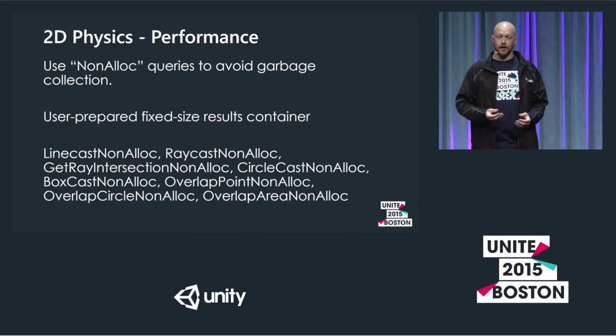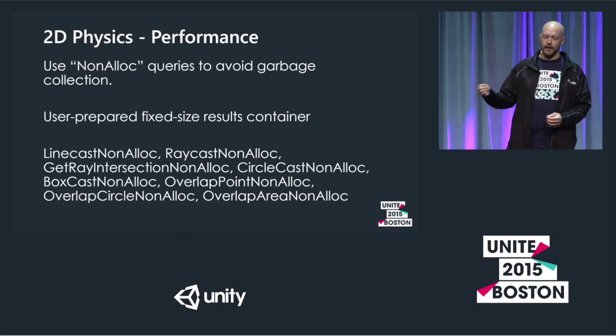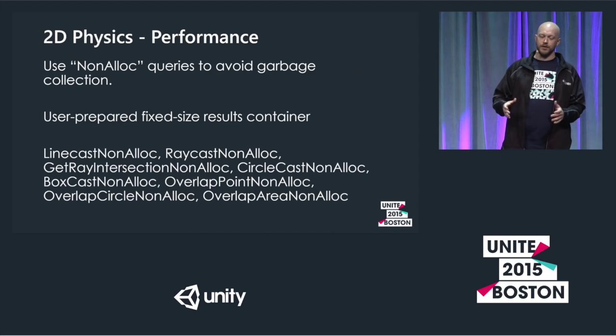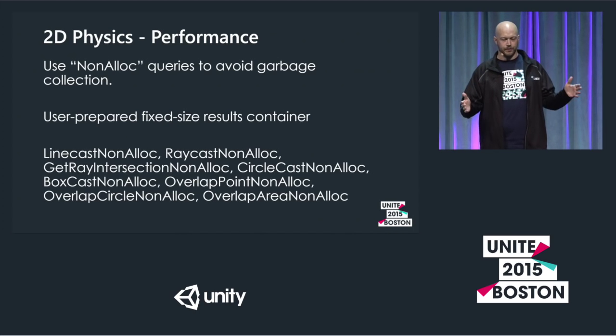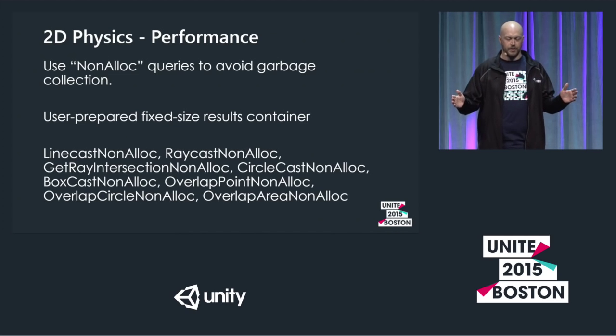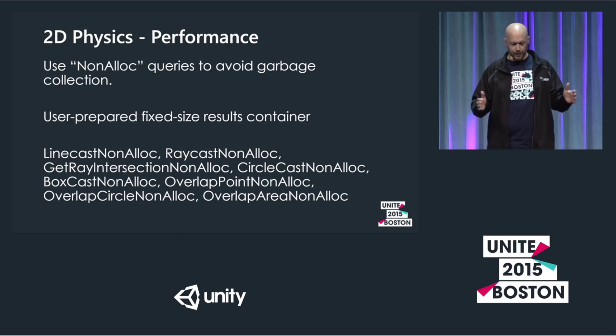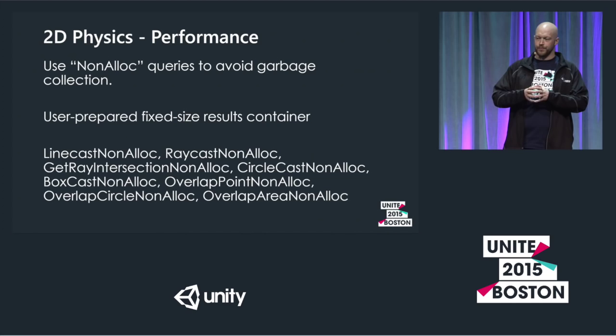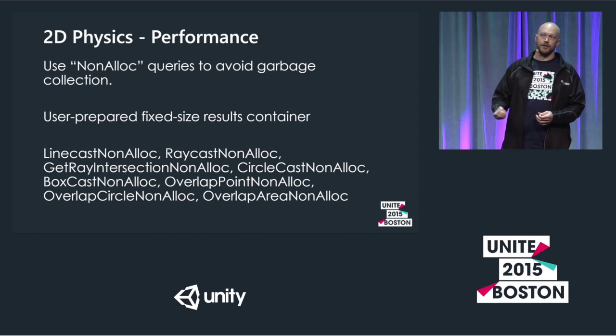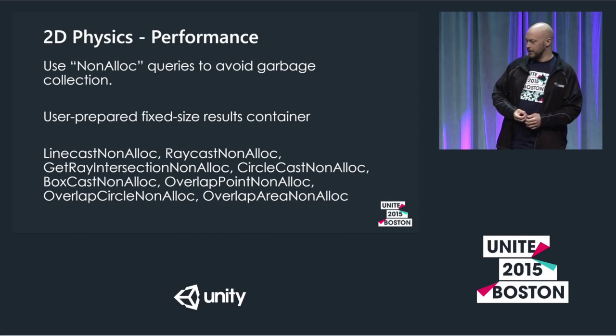And to fix that, we introduced a series of non-alloc function calls that use a user-defined buffer prepared by you guys. And so we write into that buffer until it's full, and we completely bypass all the garbage collection issues. And of course, you have to prepare this buffer in advance, and you can do this when you're creating the objects that should store the content and whatever. That's all up to you.